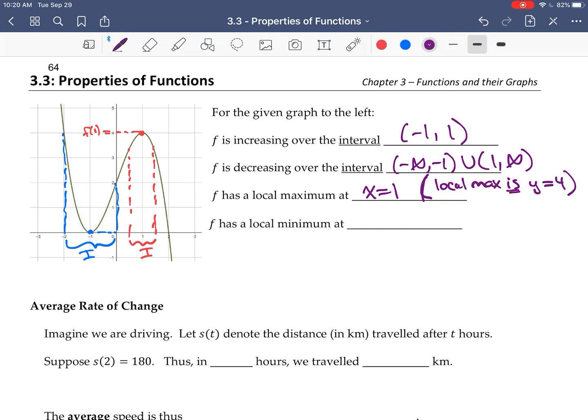So there's going to be a minimum at x equals -1, but the local min is y equals 0. So that's the idea behind the mins and the maxes. You look for peaks. A maximum is a peak in the graph, whereas a minimum is going to be the bottom of a valley.